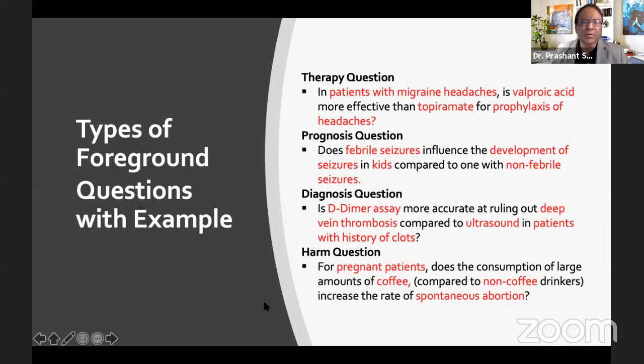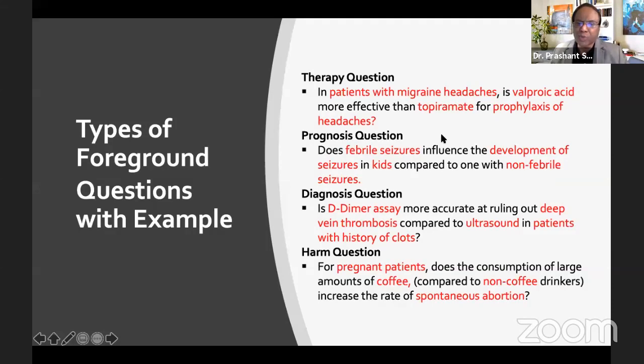So these are some examples of foreground questions using a PICO framework. The therapy question example could be: in patients with migraine headaches, is valproic acid more effective than topiramate for prophylaxis of headaches?